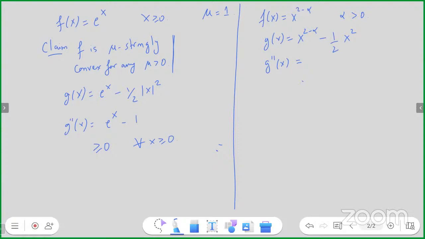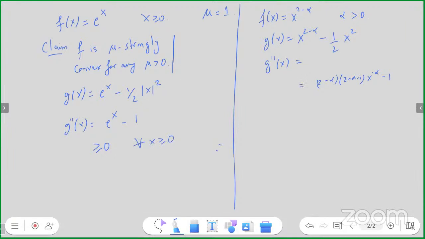This is simply 2 minus alpha, x to the 2 minus alpha minus 1, and one more time, 2 minus alpha, 2 minus alpha minus 1, x to the power minus alpha, minus 1.